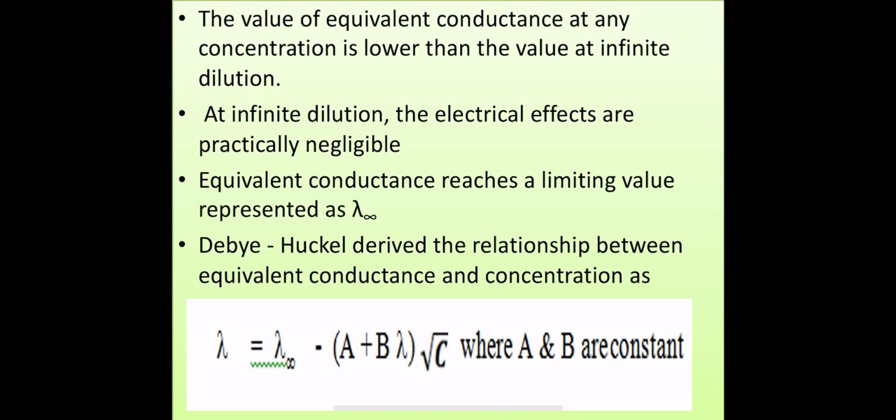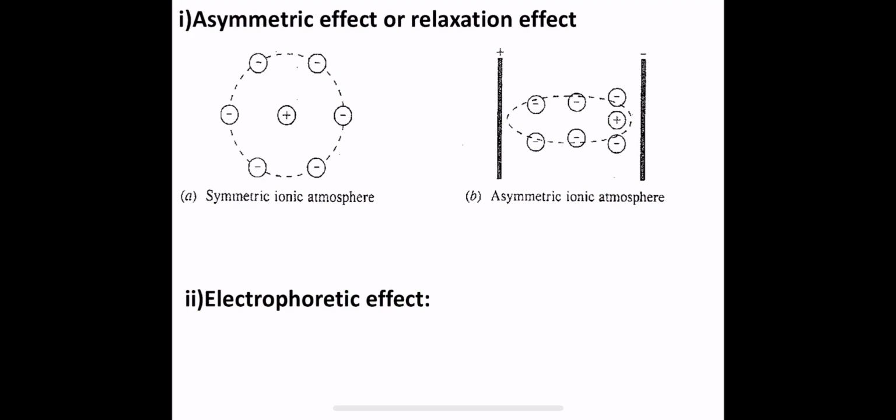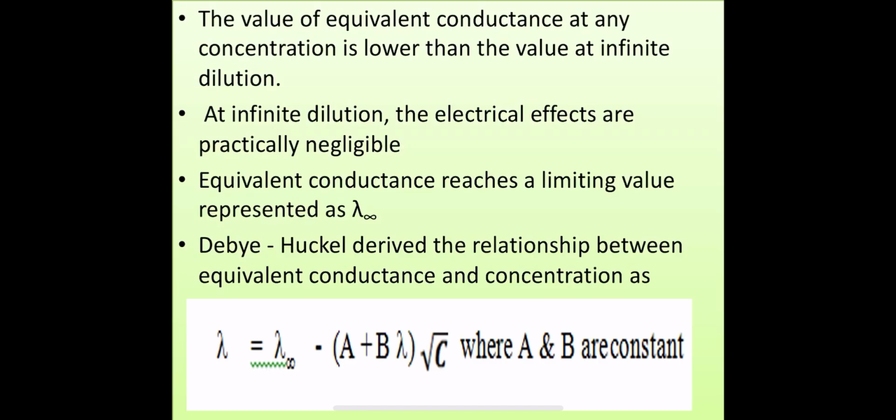So what happens then? This tends to slow down the ions, and this effect is called the electrophoretic effect. Okay, so thus both the effects tend to decrease. Both the effects means one is the asymmetric effect and another one is the electrophoretic effect. Both the effects tend to decrease the velocity of ions of the strong electrolyte.